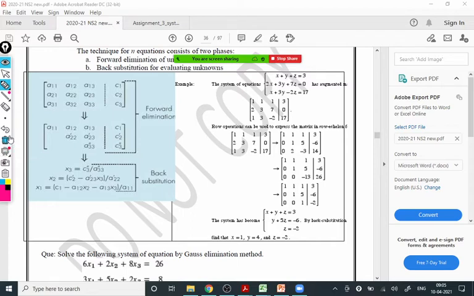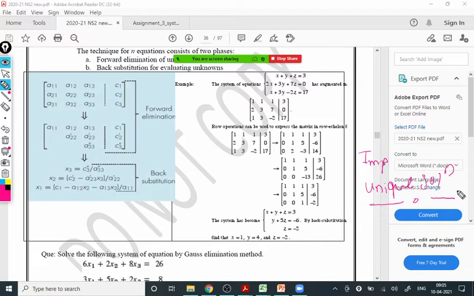Now, another important thing I want to tell you: throughout this topic we are going to solve systems of equations which have only a unique solution. Generally a system has a unique solution, infinite solutions, or no solution, but here we only have numericals with a unique solution.